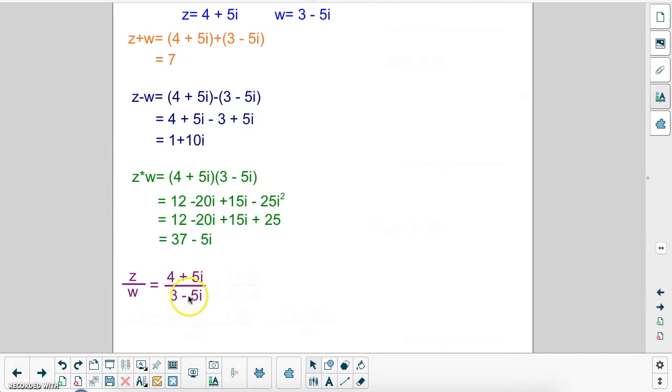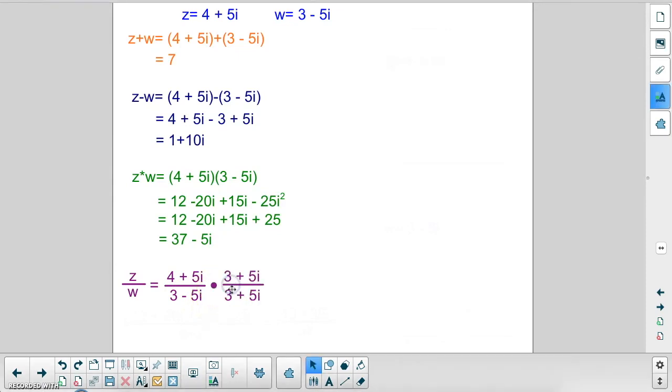So we're going to multiply by the complex conjugate of just the denominator, because that's the part we want to get rid of. So I'm going to multiply by 3 plus 5i over 3 plus 5i. Notice that this really just reduces to 1, so I'm not changing the expression at all. It's just going to change what it looks like.